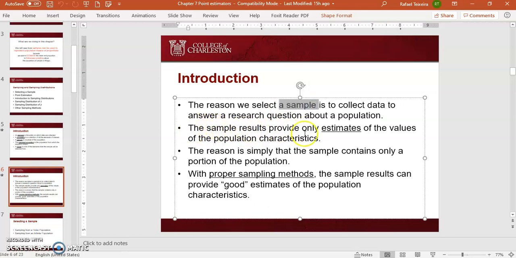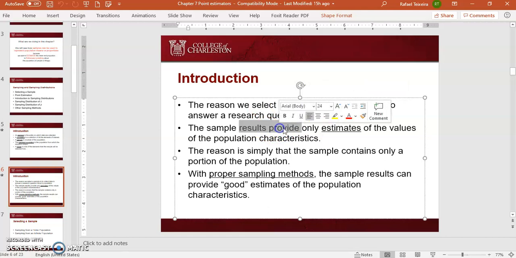The sample results provide only an estimate, it is not the true population mean, it is not the true population characteristic, it is just an estimate. But that's how we work in the world of science, and in this case, more applied to business. We cannot use the whole population of customers.